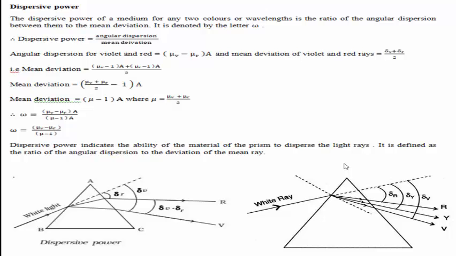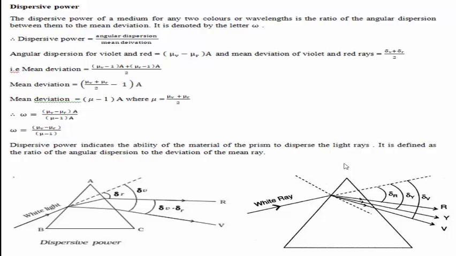Then mean deviation is equal to the refractive index of violet plus the refractive index of red whole divided by 2 minus 1 multiplied with A, where nu is equal to the refractive index of violet plus the refractive index of red whole divided by 2 can be replaced with nu minus 1 multiplied with A.